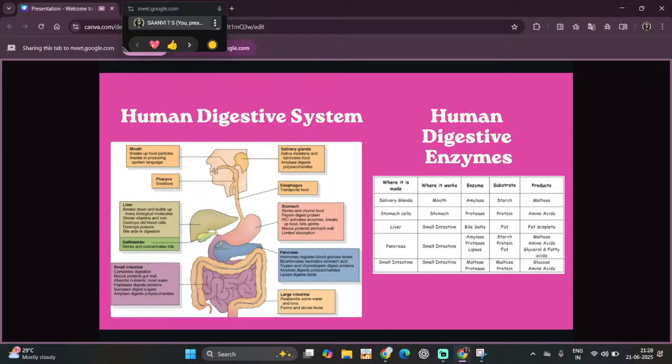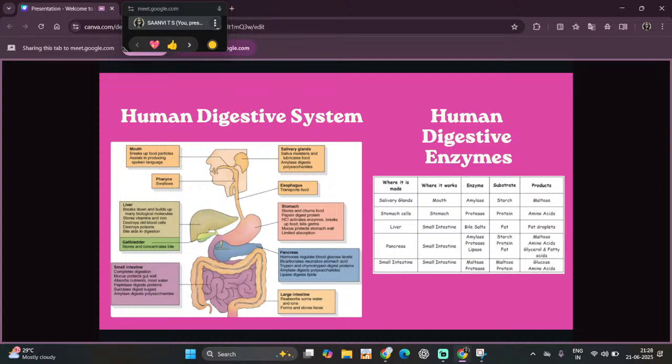Apart from that, absorption of nutrients and most water also takes place in the small intestine. The pancreatic juice contains the enzymes amylase, protease, and lipase, which convert starch to maltose, proteins to amino acids, and fats to glycerol and fatty acids.